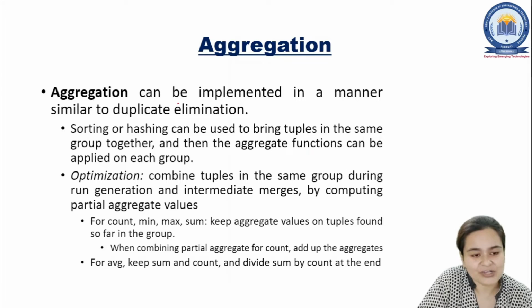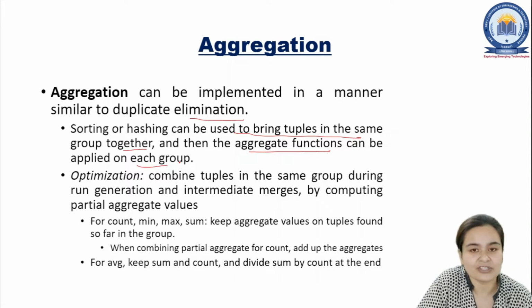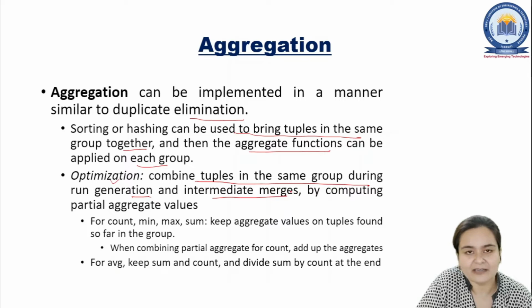Coming to the aggregation part, the aggregation function can be implemented in a manner very similar to duplicate elimination. Sorting or hashing can be used to bring the tuples in the same group together, and the aggregation function can then be applied to each group. As an optimization, we combine the tuples in the same group during run generation and intermediate merges.